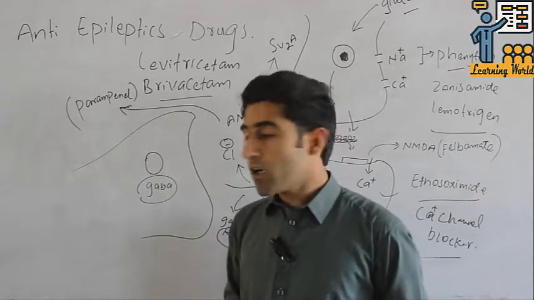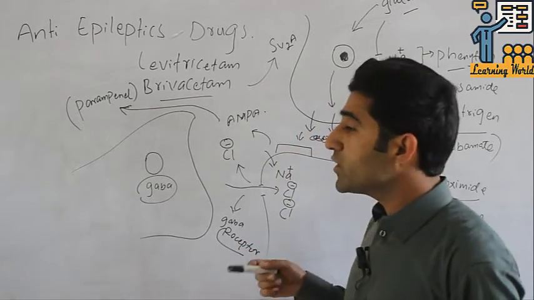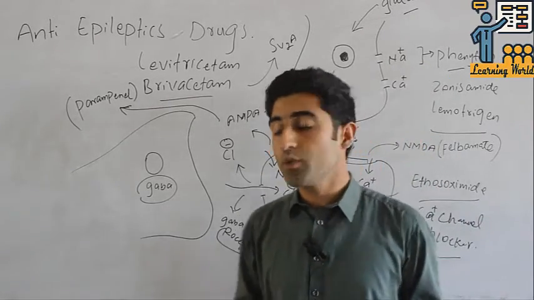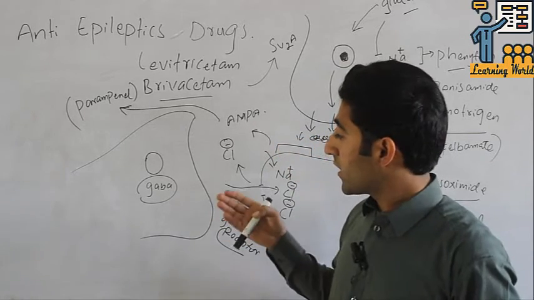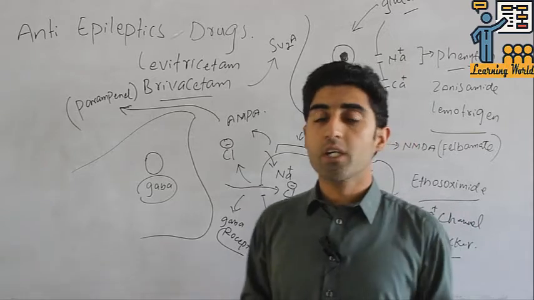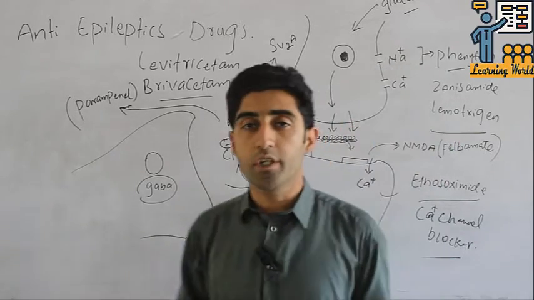Here another drug is used to increase the GABAergic activity. Normally we need to increase the GABAergic activity, because mainly in epileptic patients the GABAergic activity is lost, the GABAergic activity is decreased.